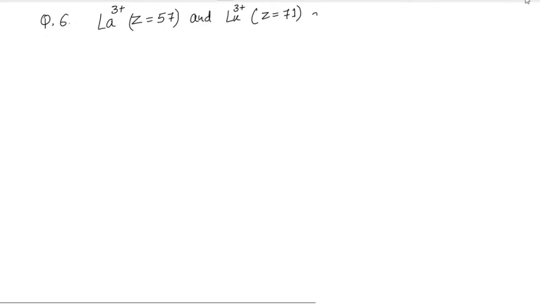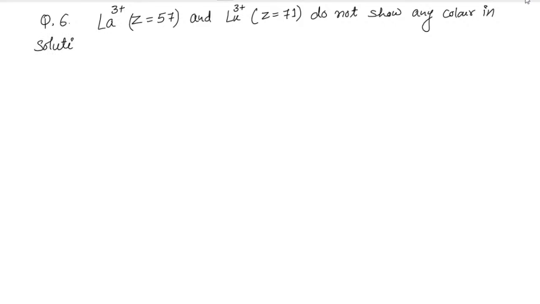Lanthanum 3+, that is Z is 57, and lutetium 3+, that is Z equal to 71, do not show any color in solution. Assign reason.